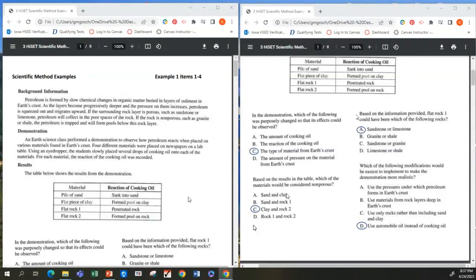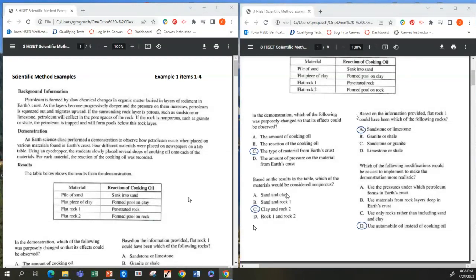If the surrounding rock layer is porous, such as sandstone or limestone, petroleum will collect in the pore spaces of the rock. So porous means spaces in the rock. If the rock is non-porous, such as granite or shale, the petroleum is trapped and will form pools below this rock layer.